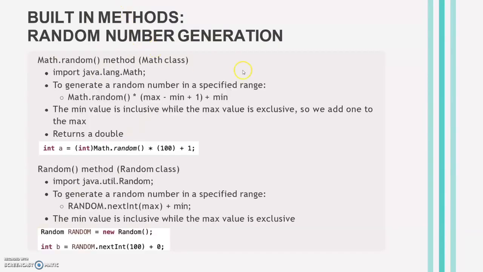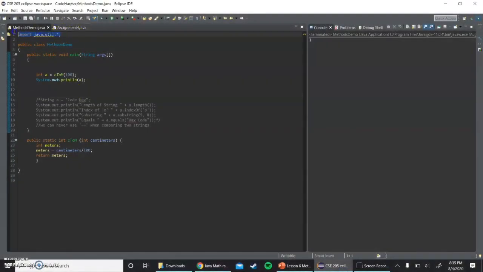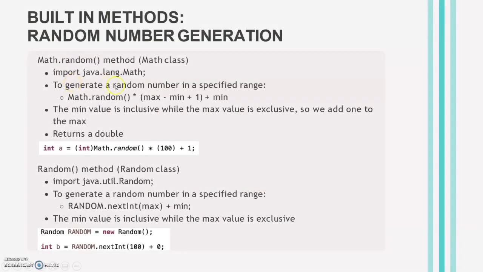So Java actually provides a lot of different methods and classes to do certain functions for us. It actually helps us a lot when it comes to that. One of the most common ones that you're going to use is random number generation. And just like we import java.util at the beginning of every program, for example, over here we did java.util at the top, we're going to import java.lang.math. And then the pattern to generate a random number would be max minus min plus 1, and that's all plus min.